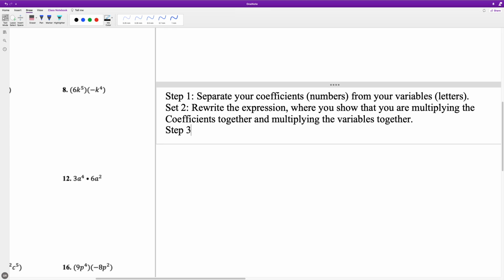Step 3, simplify and use product of powers at the exponent.